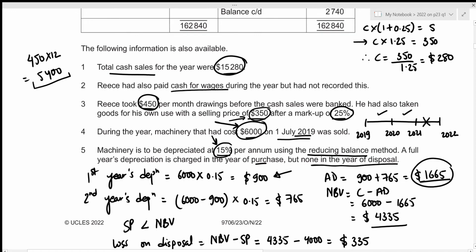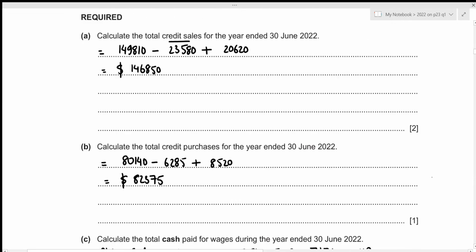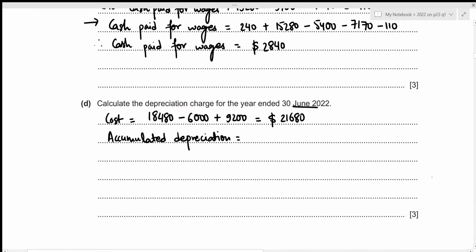And since there is no accumulated depreciation for new machinery, we can just completely ignore that aspect. Let's figure out the closing accumulated depreciation. We start with our opening value of 9,685. We then subtract the accumulated depreciation of the disposed machinery, which was 1,665. This results in the closing accumulated depreciation having the value of 8,020.